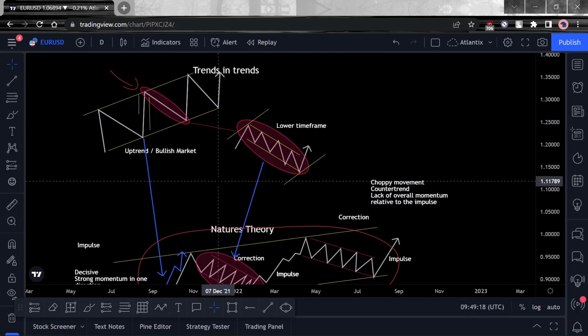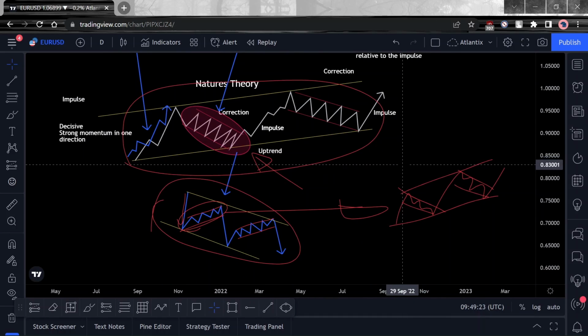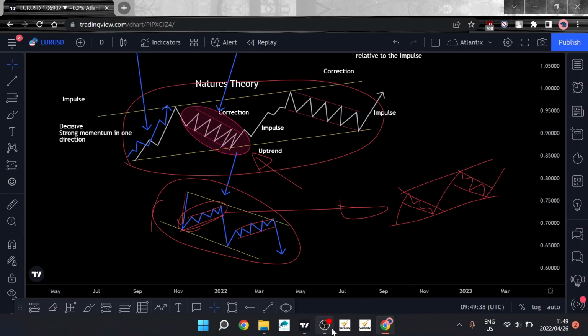Okay, I hope that's been clear enough. If it's not been clear, I'm sure you'll understand when we visit the candlestick chart, where we're going to illustrate more what exactly is taking place and how you can spot these impulsive and corrective phases.